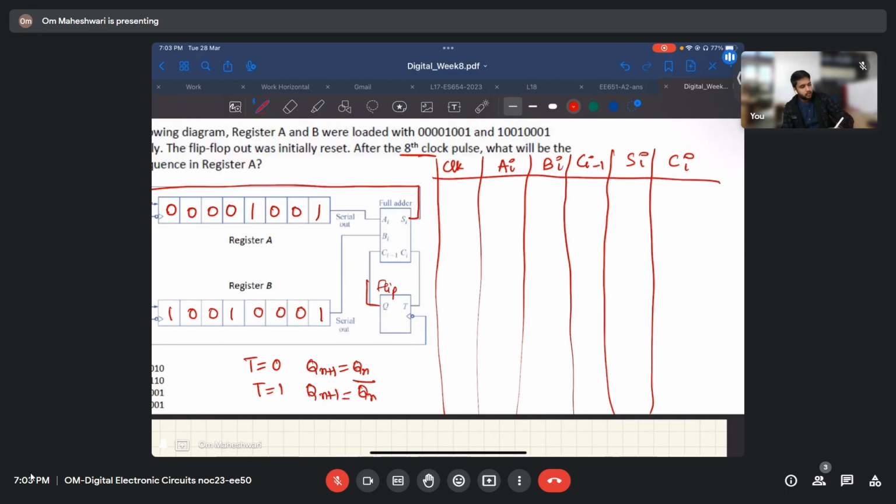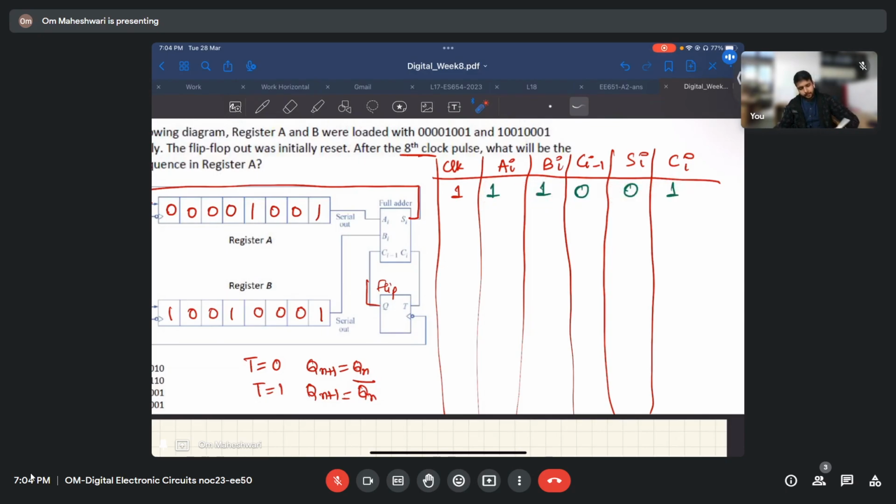Okay, so initially in the first block we will have 1 and 1. This one and this one will come here, right? We'll have 1 and 1. Initially CI is 0, sum of 1 plus 1 plus 0 is 0, and carry is 1.